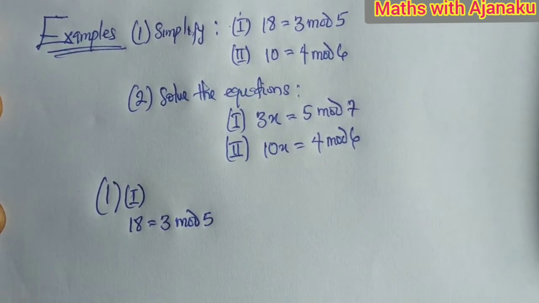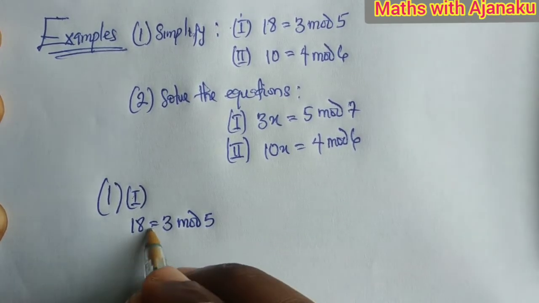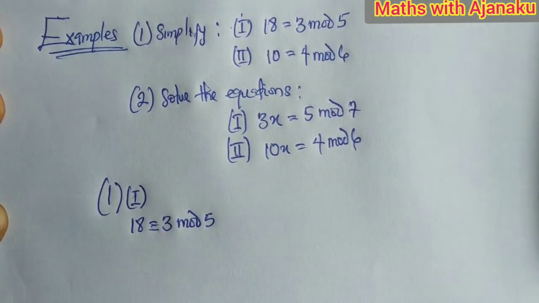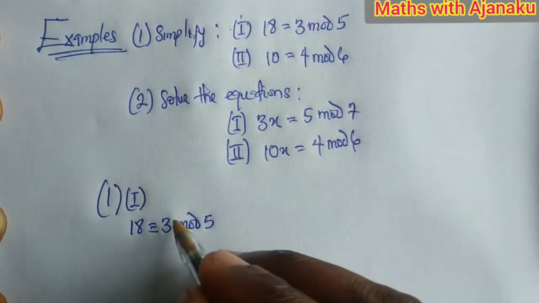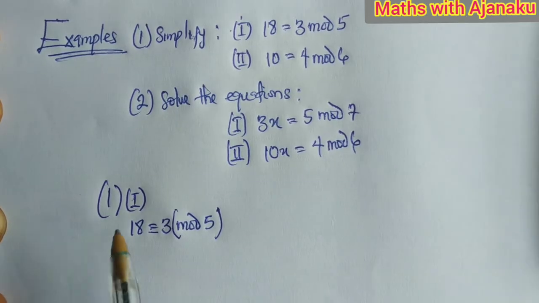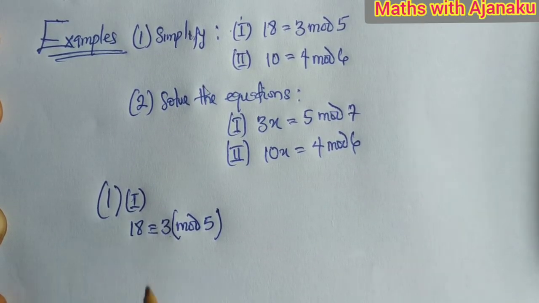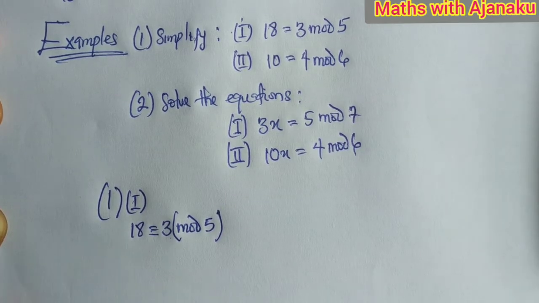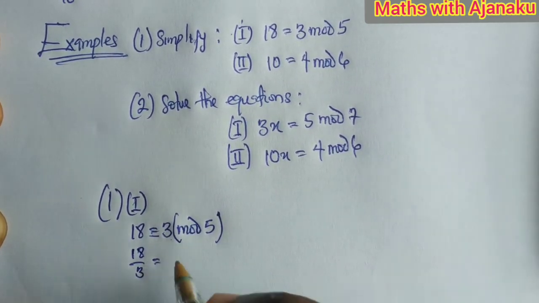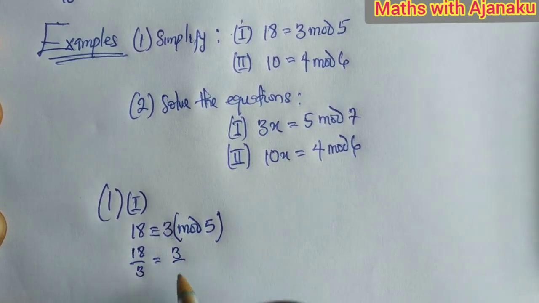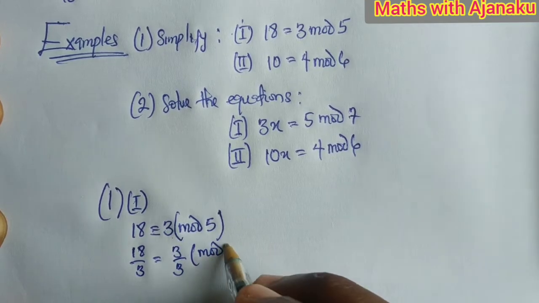It is a clear fact that 18 is congruent to 3 modulo 5. So, should we intend to divide through by what we have in common here, which is obviously 3, I have 18 divided by 3 equal to 3 over 3 modulo 5.